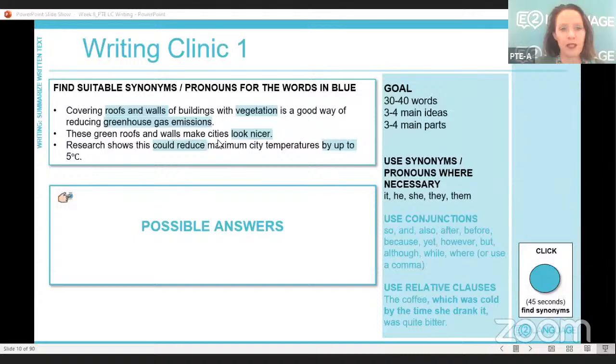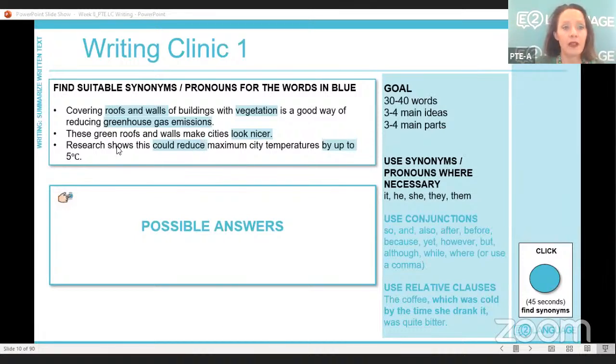Could reduce. So this may decrease. Excellent, Laura. Yep. Reducing temperature. Yes. Lessen. Very good, John. Yep. Decrease, lower, drop. Probably just drop, Guhan. Drop, not drop down.